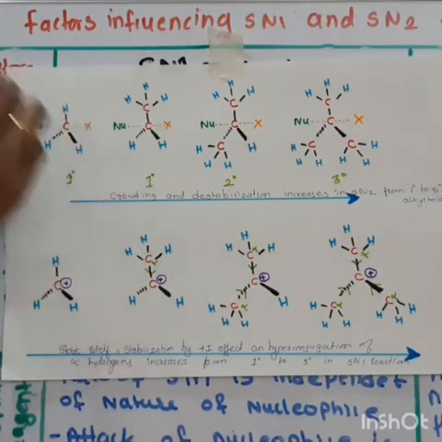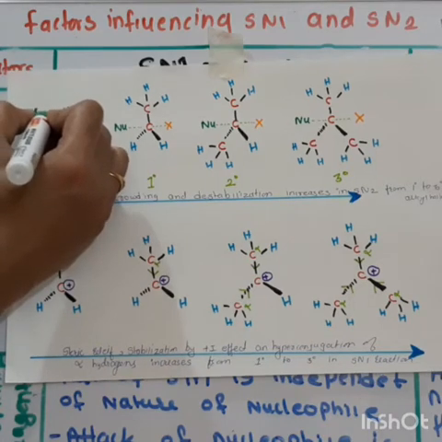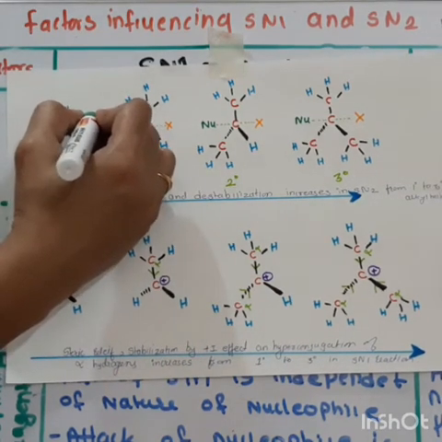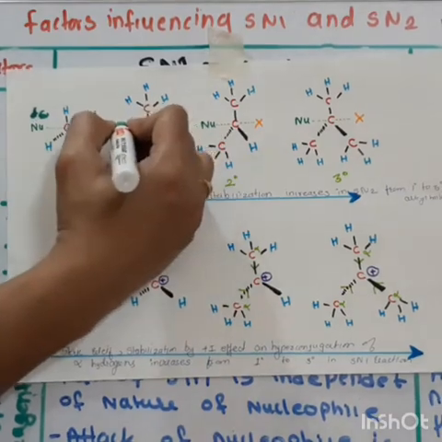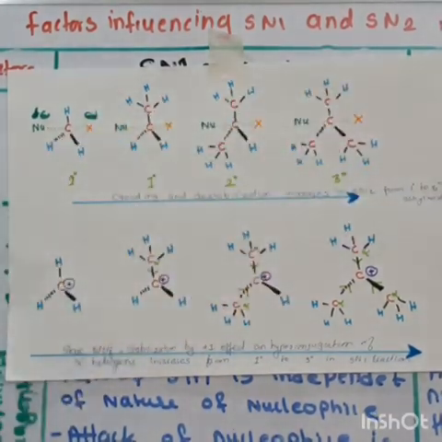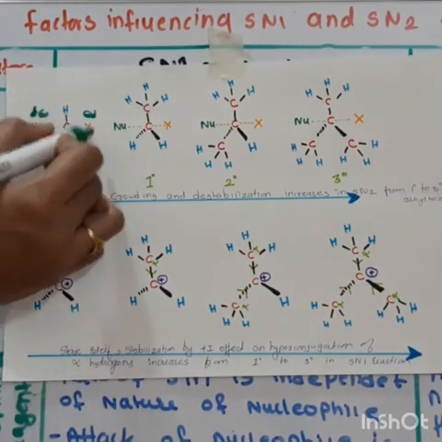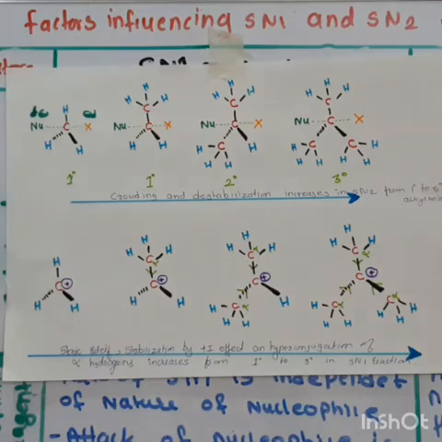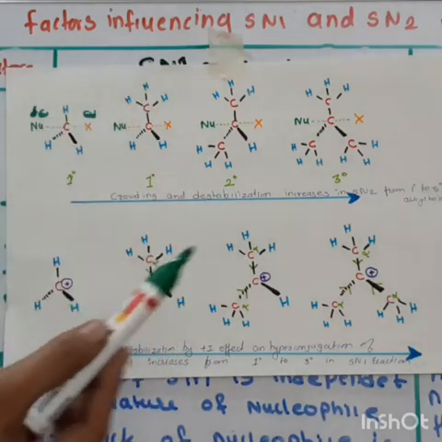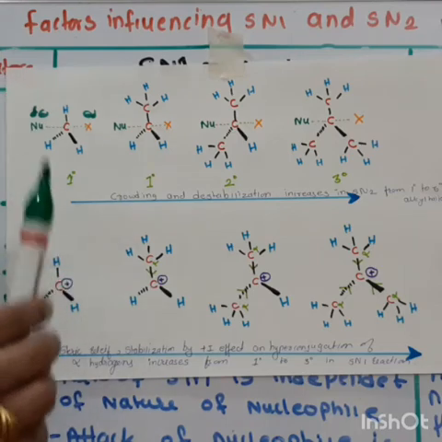So these have partial minus signs. Both the nucleophile and halide atoms have partial minus signs and these are partially covalently bonded with this carbon, forming a pentacoordinate carbon atom. So this is also shown in this carbocation.